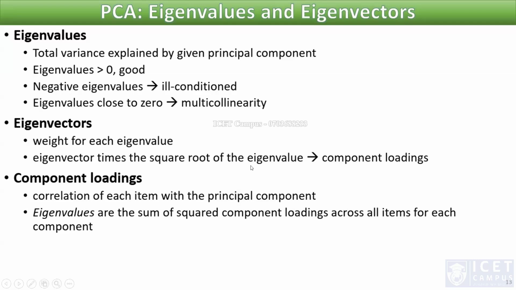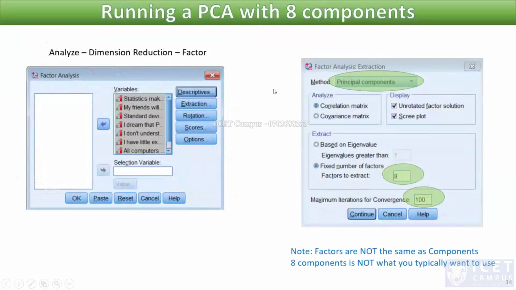Eigenvector times the square root of the eigenvalue is the component loading. The component loadings are the correlation of each item with the principal component. Eigenvalues are the sum of the squared component loadings across the items for each component, right? You have to know these terms, because when we interpret the data obtained through the SPSS output, we have to use these terms, right?